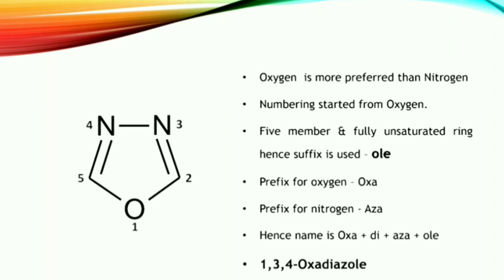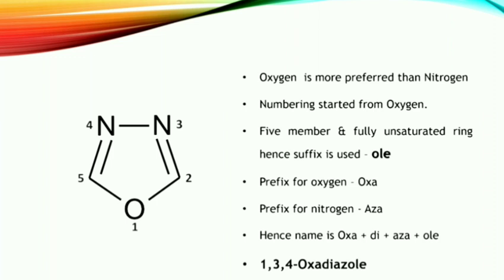You have identified the ring structure, which is a 5-membered ring, and at positions 2, 3 and 4, 5 we have double bonds. So this structure is unsaturated, and for an unsaturated structure you use the suffix ole, the prefix for oxygen is oxa, and the prefix for nitrogen is aza. Hence the name for the structure will be 1,3,4-oxadiazole.